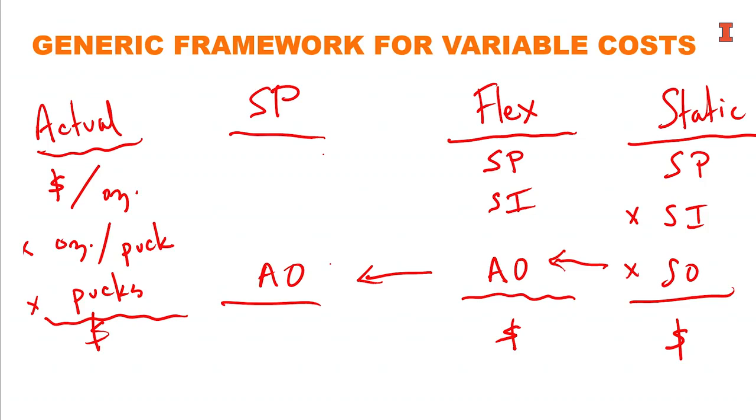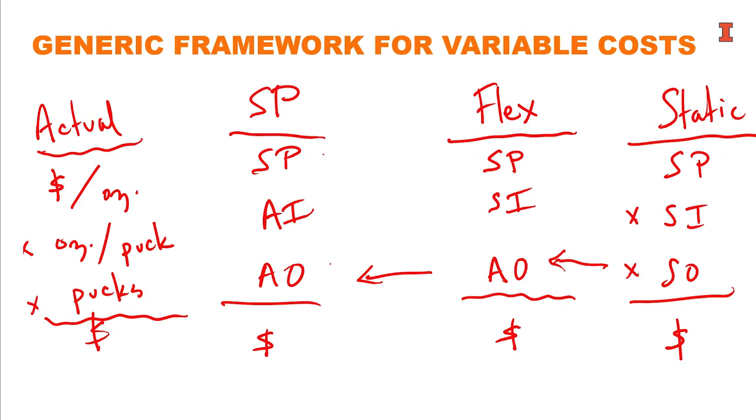But what we haven't done is consider how the standard input per output differs from the actual input per output. So let's change that component as we move from column 3 to column 2, and leave everything else the same so that we can isolate this individual component. When we multiply the standard price, multiplied by the actual input per output, multiplied by the actual output, we get a total dollar number there again.